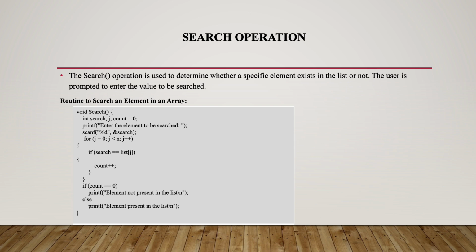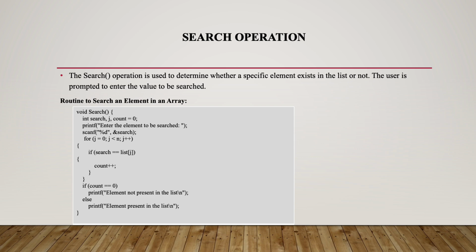At each step, it compares the current element in the array with the value that the user wants to search for. If it finds a match, it can display the position where the element is found and inform the user that the element exists in the list. If it reaches the end of the array without finding the element, that means the value is not present in the list.